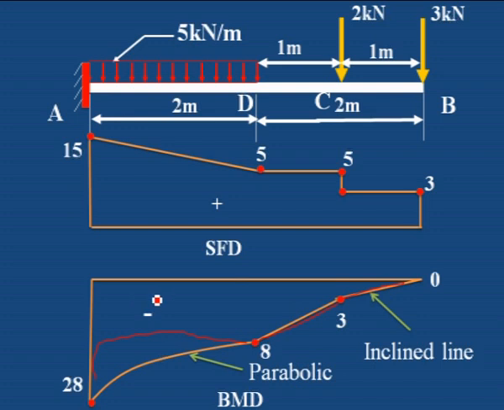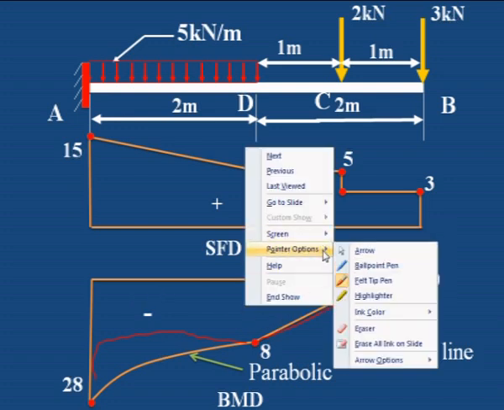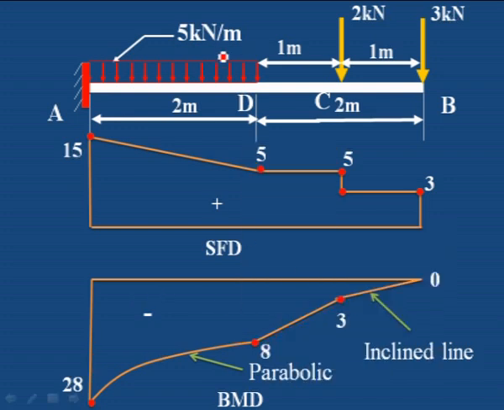Inclined line, parabolic, both a combination is there because it is a combination of point load and uniformly distributed load. By observing this step by step procedure, you can draw any type of cantilever beam given with any load combinations. You can easily draw shear force and bending moment diagrams.